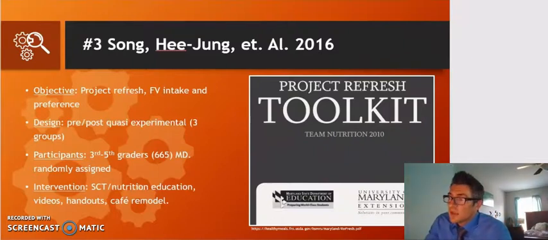One which would receive a cafeteria renovation including marketing materials and staging techniques to enhance fruit and vegetable offerings and likeness. One group would receive the in-class nutrition education, and then the last group would experience both the nutrition education as well as the marketing materials and cafeteria renovation. Pre- and post-test measurements were taken to assess changes within and between groups over the course of one school year, the 2011-2012 school year. So this was a longer study over the course of an entire school year.